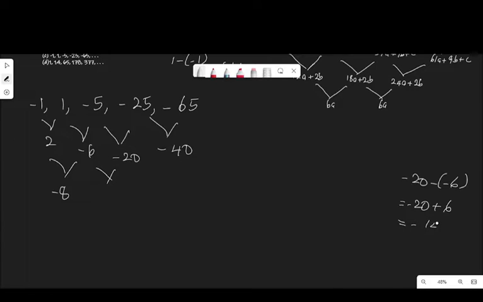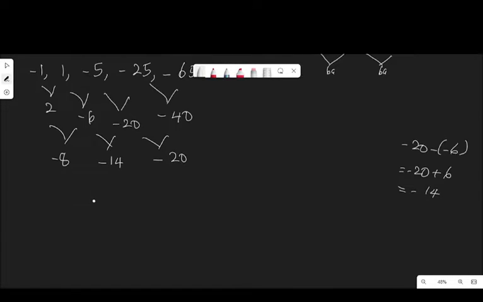That is minus 14. And here is minus 20. That is minus 40 plus 20, which is minus 20. And let's take the last difference. Minus 14 plus 8 is minus 6.